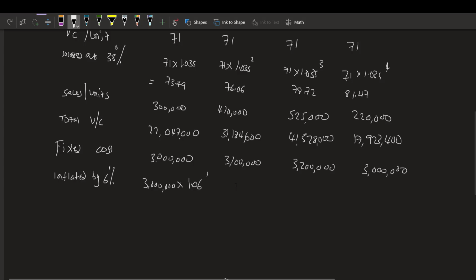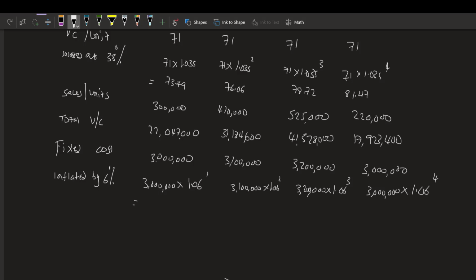The next one will take 3.1 million times 1.06 power 2. Next we'll take 3.2 million times 1.06 power 3. Lastly, we'll take 3 million times 1.06 power 4.